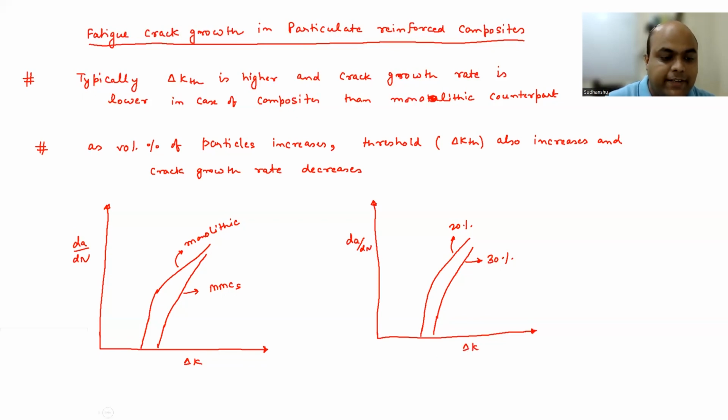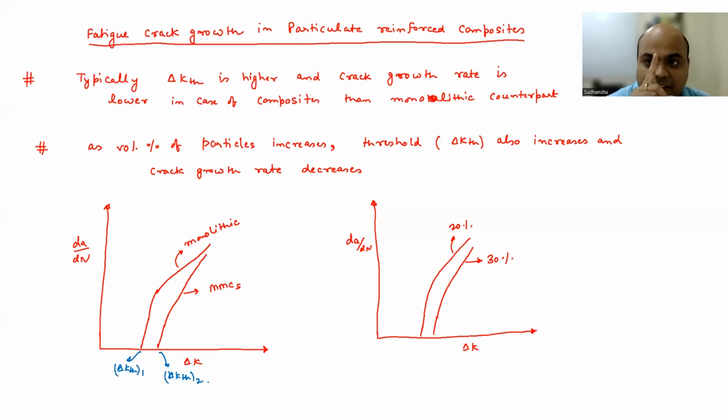Now what is delta KTH? So for monolithic, this is your delta KTH. And for MMCs, delta KTH is. So let me write down delta KTH1, which is monolithic, delta KTH2 for MMC. So you can see delta KTH for MMC is greater than delta KTH1.